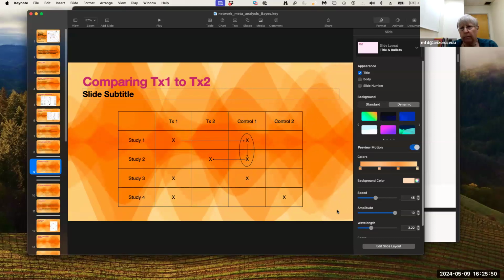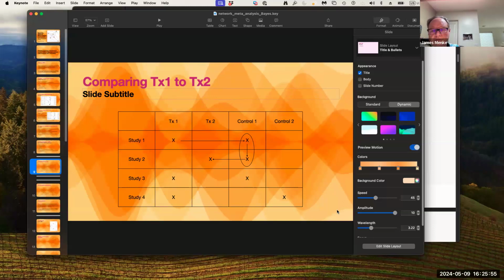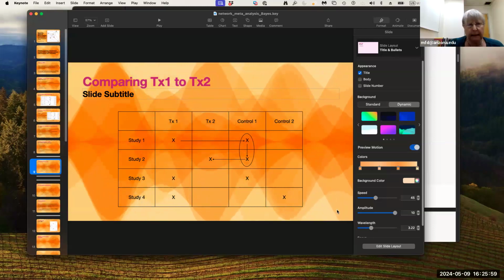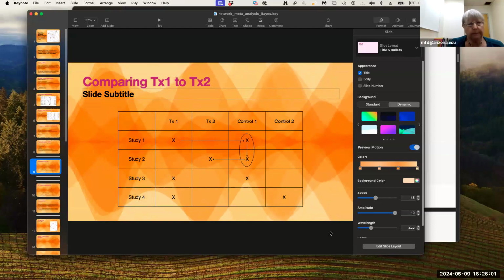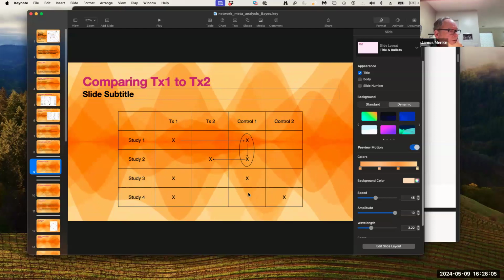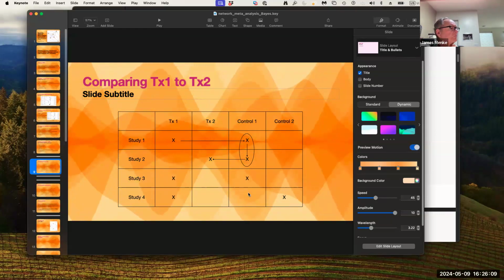That study 1 was a bunch better. The arrows here don't mean a vector of effectiveness. It's just a convenience liberty I took to show the conceptual structure of it.